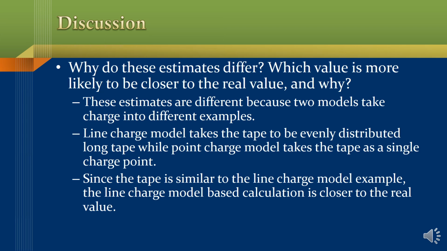Therefore, I concluded that the line charge model calculation would be more similar to the real value of the charge of the tape. To end the discussion, the difference between the two estimates happens because we used a different perspective of the charge on the tape.